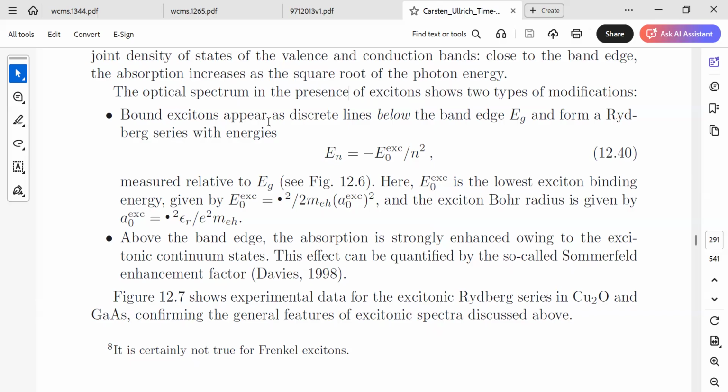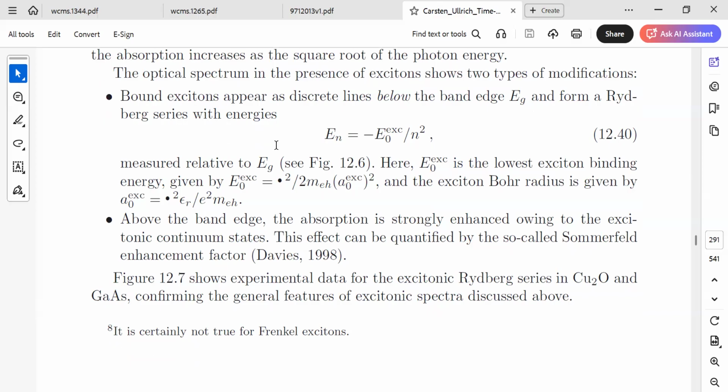Bound excitons appear as discrete lines below the band edge E_g, and form a Rydberg series with energies.